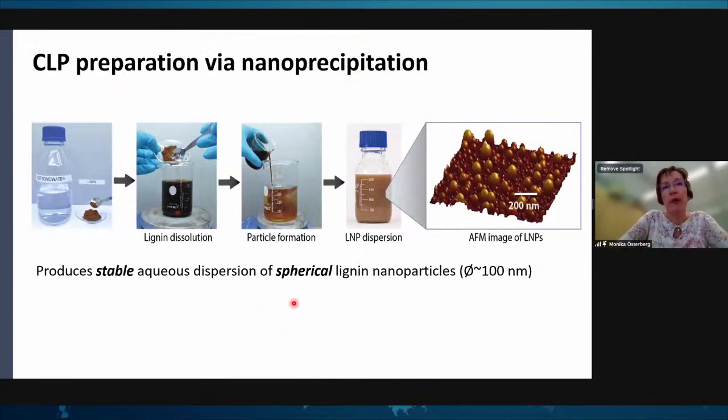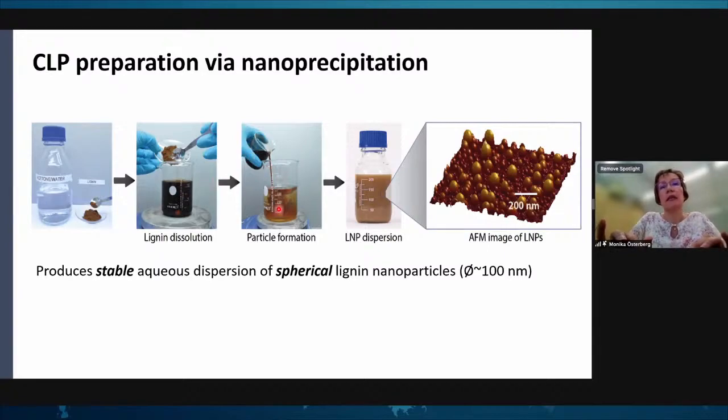So one can prepare lignin nanoparticles in different ways. In my group, we are using this nanoprecipitation method, and it's quite simple. So we take the lignin and we dissolve it in an aqueous organic solvent, for example, aqueous acetone or aqueous THF. And then you take this dissolved lignin and pour it into water.